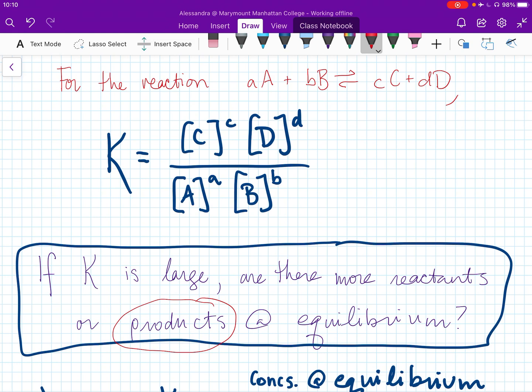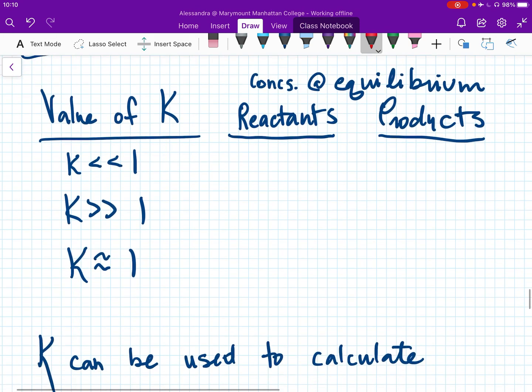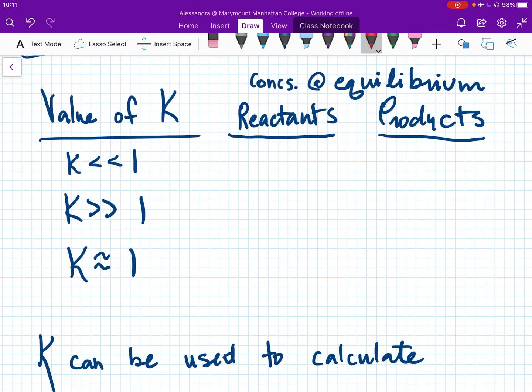Conversely, if K is a lot less than 1, we have more reactants relative to products at equilibrium, and we would say that the equilibrium lies to the left, towards reactants. Let's put this in a little table. K is obviously never negative. K is always a positive number because we're dealing with concentrations, and you can't have negative concentrations.